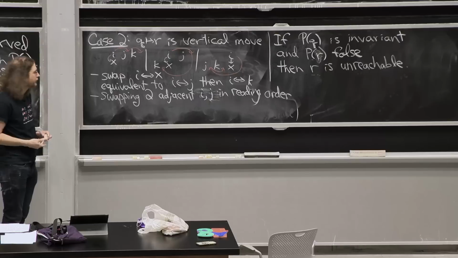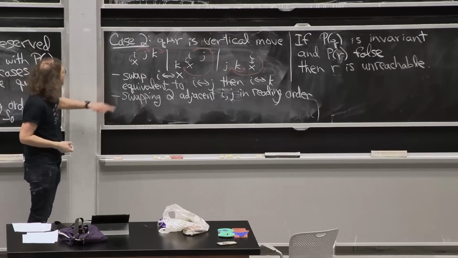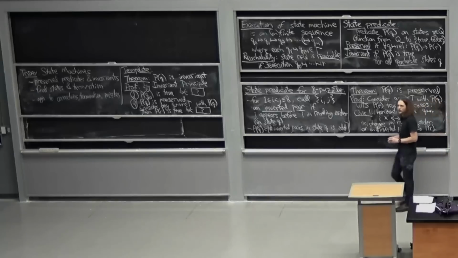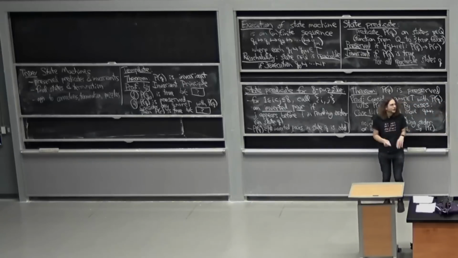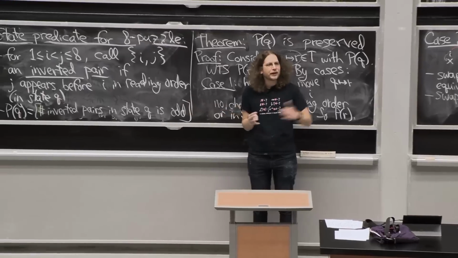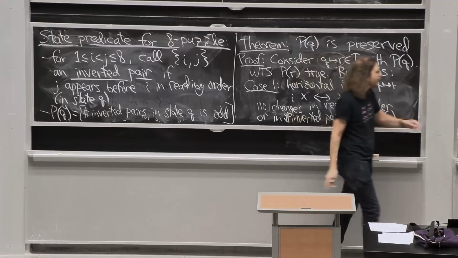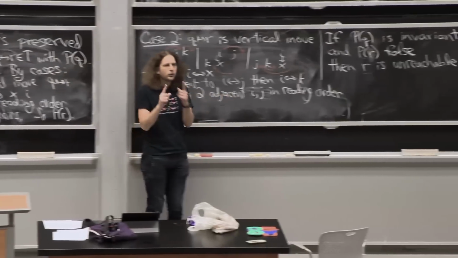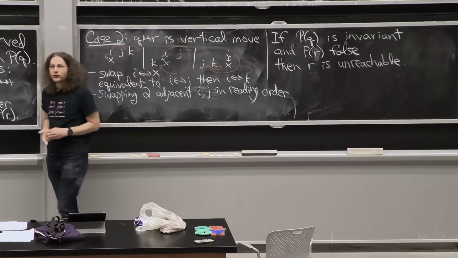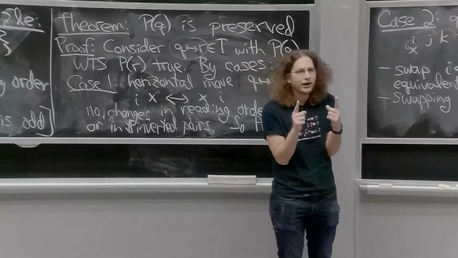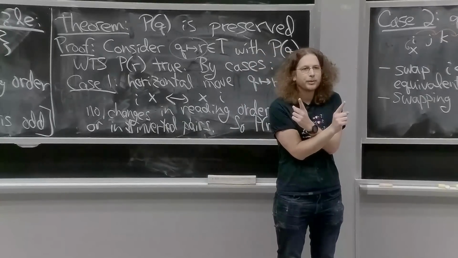Okay, so what happens when I swap two numbers I and j? How does that change the reading order? I mean, it swaps I and j. That's all. Everything before I is still before I. Everything after j is still after j. The only thing is, if they're adjacent items I and j, we're only flipping whether ij is inverted. Right? If ij was in the correct order before, if I was less than j, then after I do the swap, they're an inverted pair.